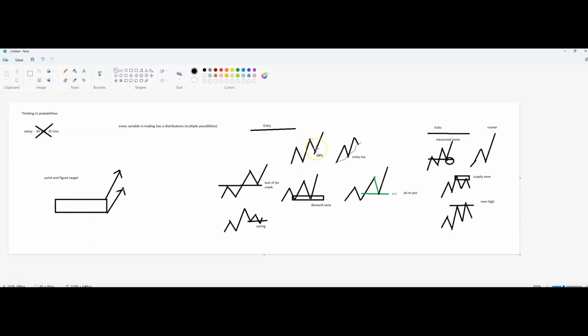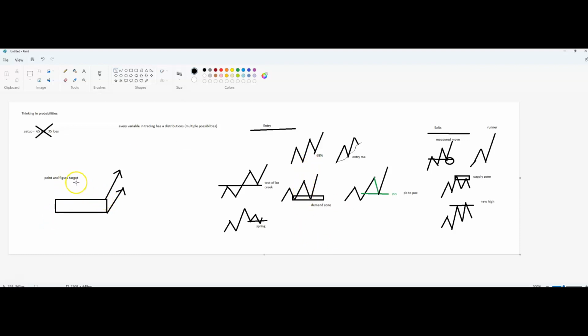Just like the measured move is a potential target, because you need something as part of your execution procedure. Otherwise, you're totally in the dark, and basically you'll make an emotional decision. So this is what I mean.